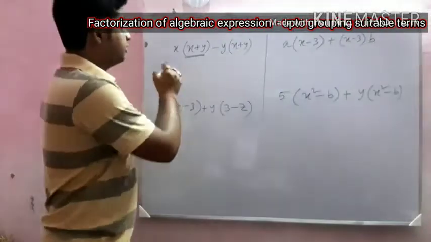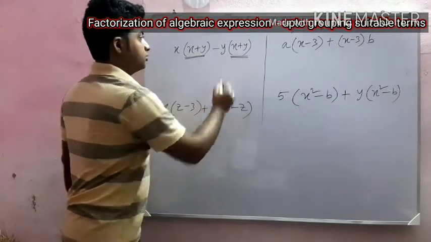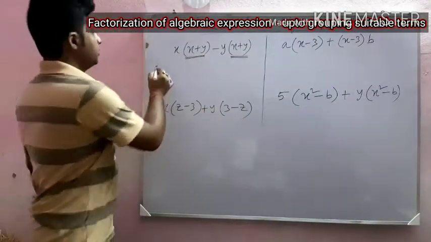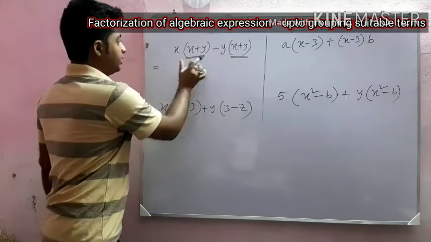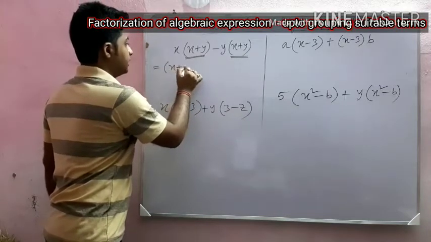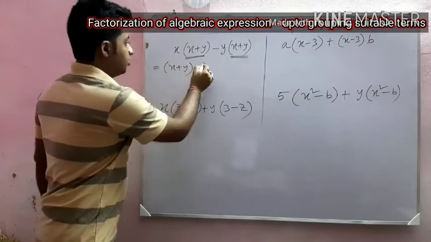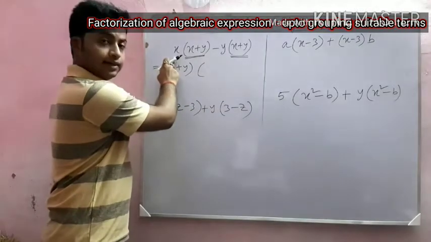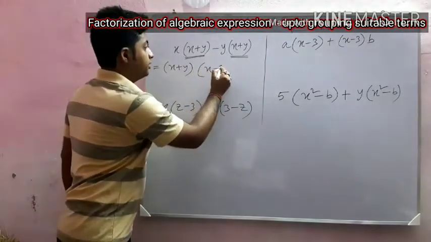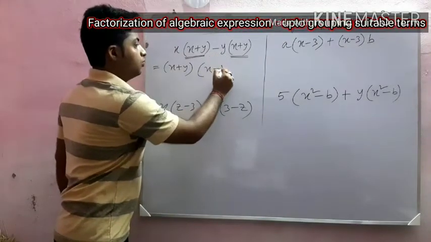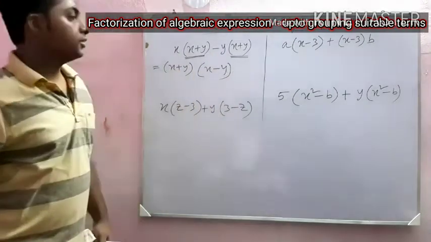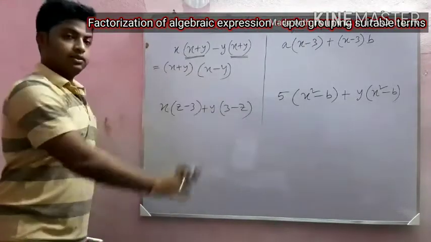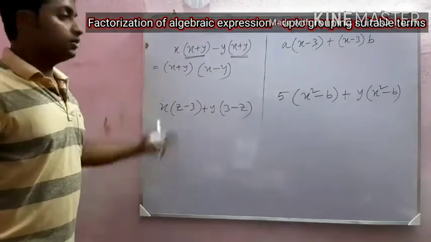In this kind of problem, you have to take the entire x plus y as common factor and open another bracket and write the remaining part here: in the first term x, and the remaining part of the second term, y. So this is the result of the factorization of this expression.